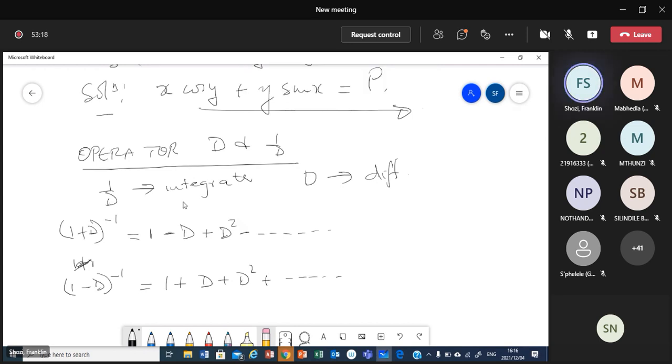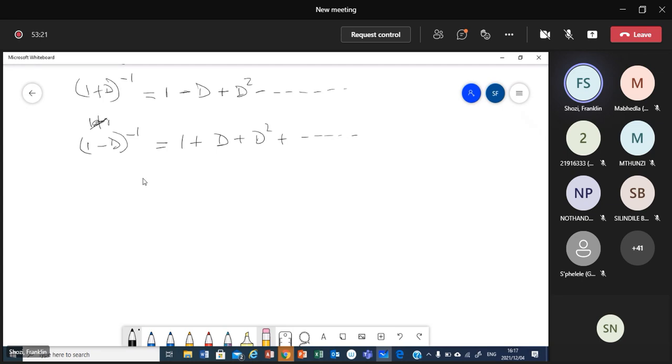If for whatever reason we don't have something like this, we use our binomial expansion, more especially when n is not minus 1. That is, A plus B to the power n is what? A to the power n, plus n times A to the power n minus 1 times B, plus n into n minus 1, A to the power n minus 2, B squared all over 2 factorial.